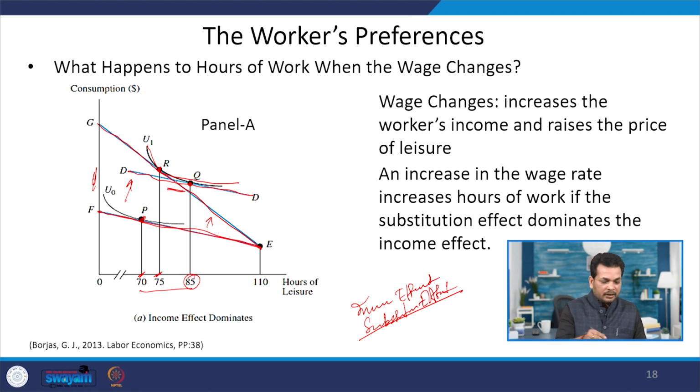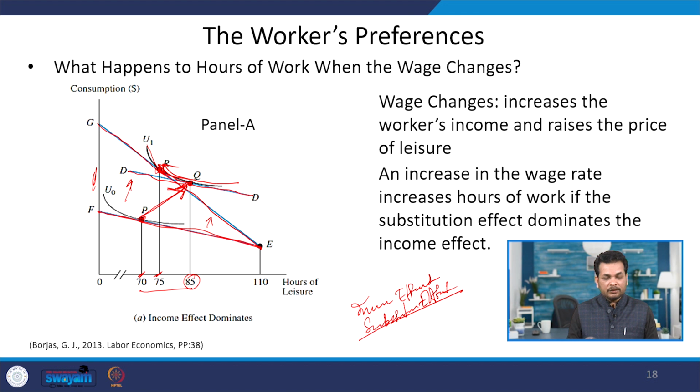So, he moves along the same utility function towards up, where he finds point R. So, moving from P to R is through Q. So, P to Q is the income effect, Q to R is the substitution effect.